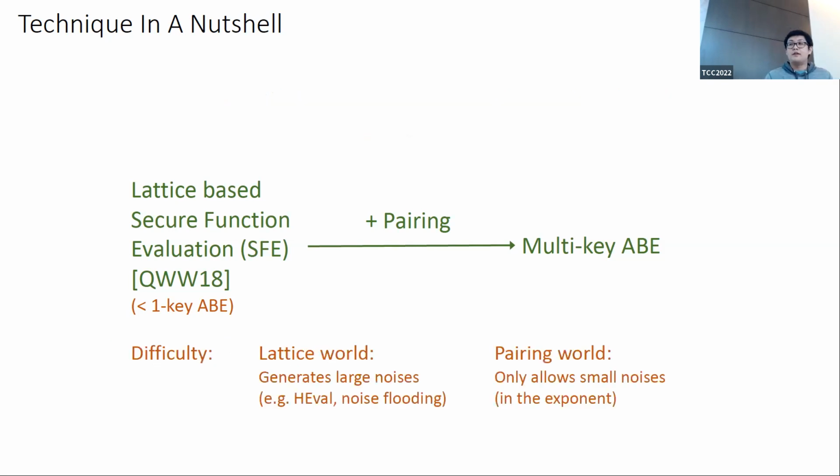The difficulty we will face when combining lattices and pairing comes from the fact that in the lattice world, we generate large noises from homomorphic evaluation and the use of noise flooding. While in the pairing world, we hide information in the exponent of the pairing groups, which can only tolerate small noises.